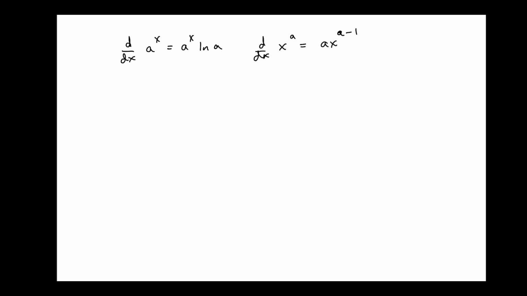Yeah? Okay. All right, so I'm going to be really, really, really evil. And suppose that these two things got together and had a baby. And I want to know what the derivative of x to the x is. That's a weird function.